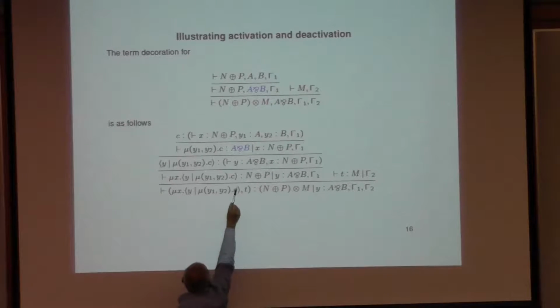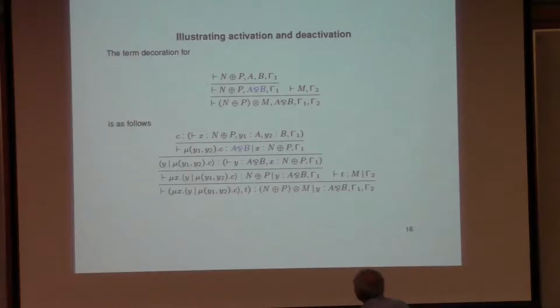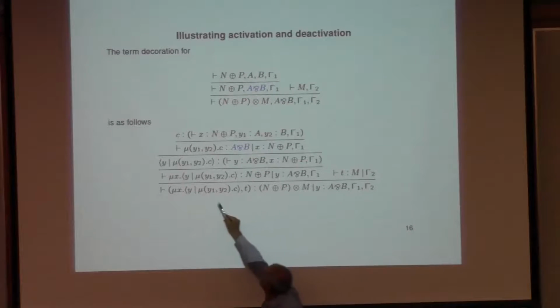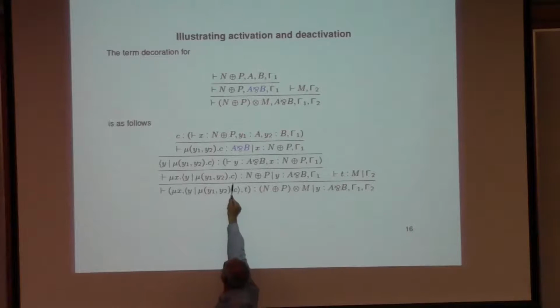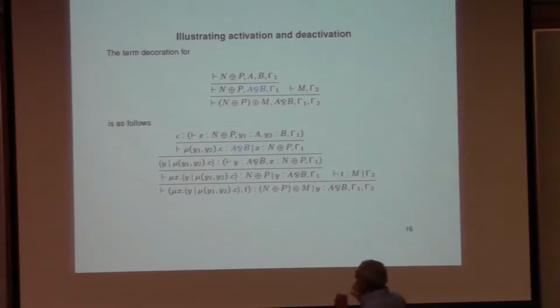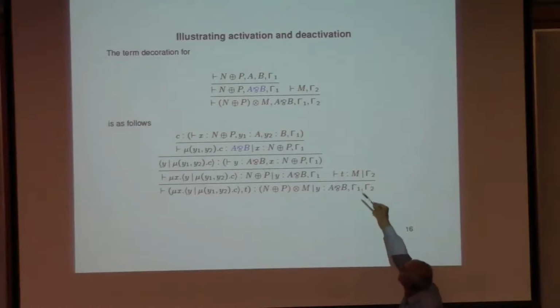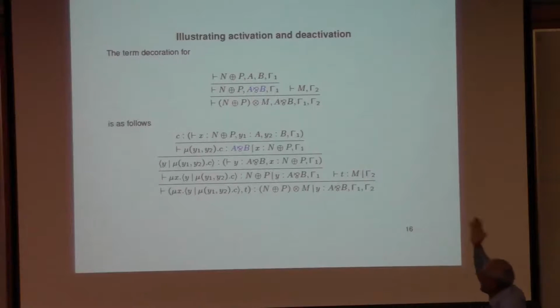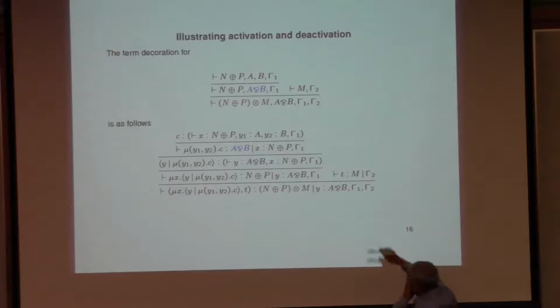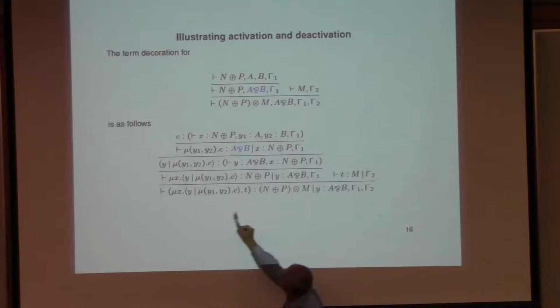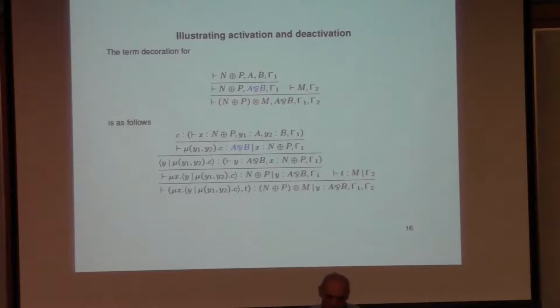So mu, and I use mu x, because x is the name of N plus P. So mu x of all this command is going to be of type N plus P. And now I can assemble this term with the proof of M gamma 2 that I'm supposed to have around. So by pairing them, I get a proof of the sequent. So I hope that you can better understand how the syntax works through an example like this.